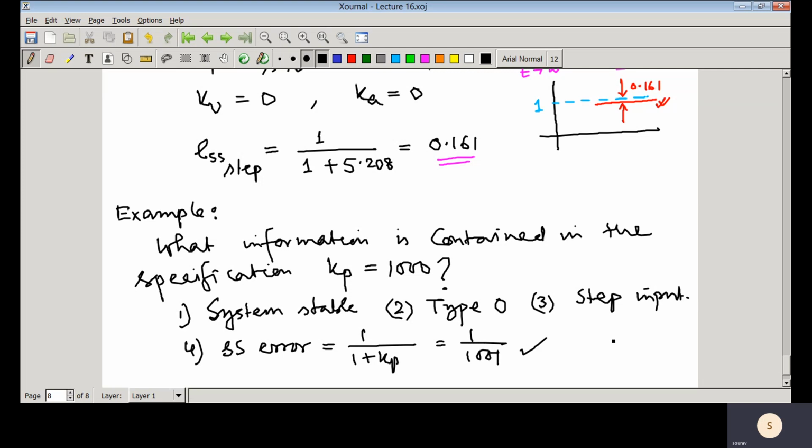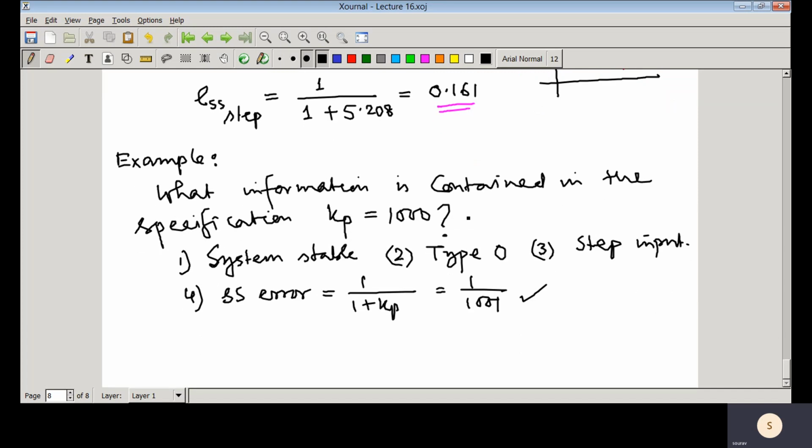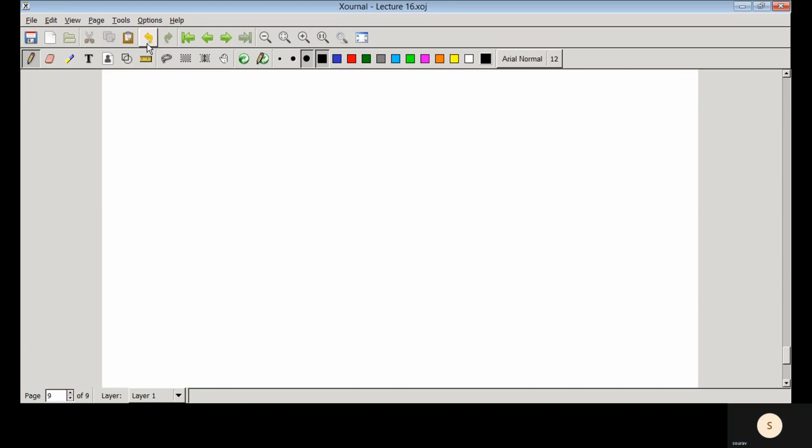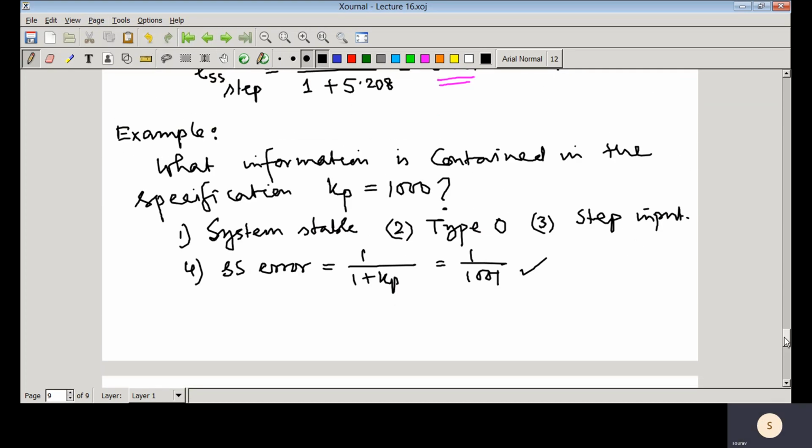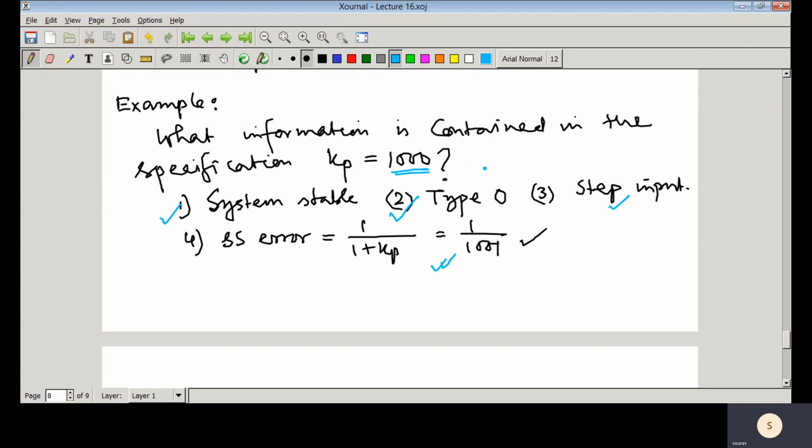So in a particular problem, if it is said that the position constant Kp equal to 1000, it implies that the system is stable, because all those constants are defined for stable systems. It is a type 0 system because it is a constant. The input that you will be applying is the step input, and the steady state error equals this. So from this particular information, we can have those 4 pieces of information.